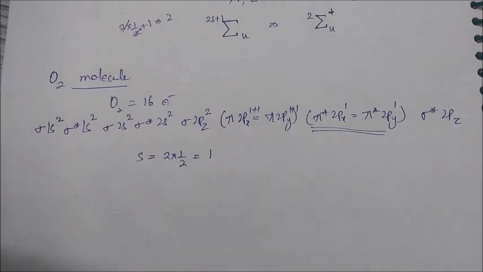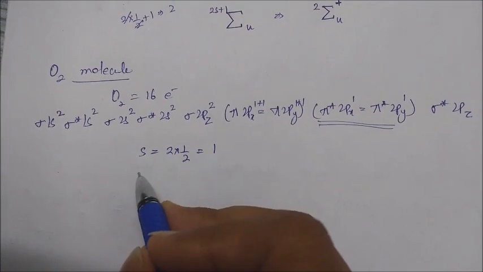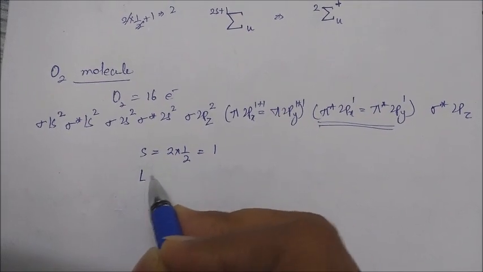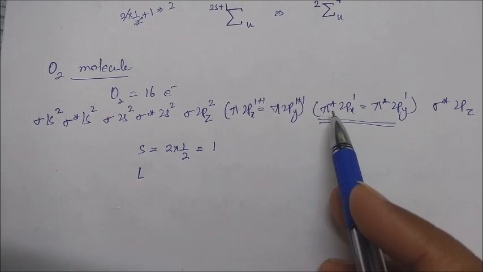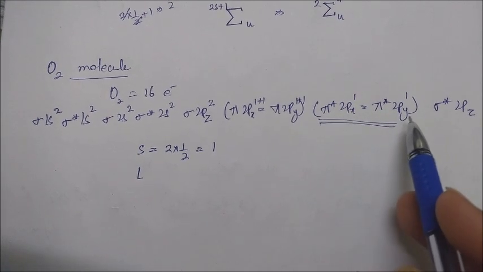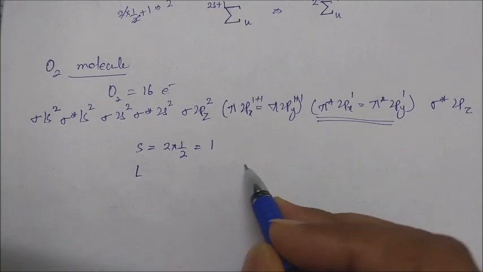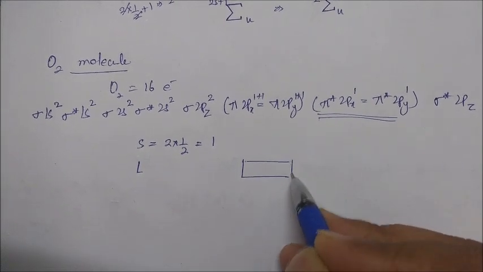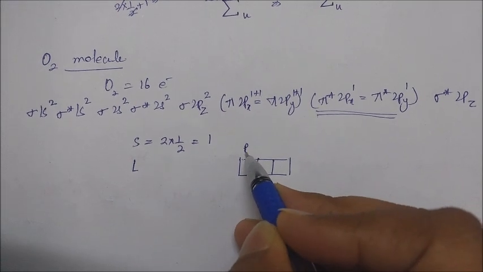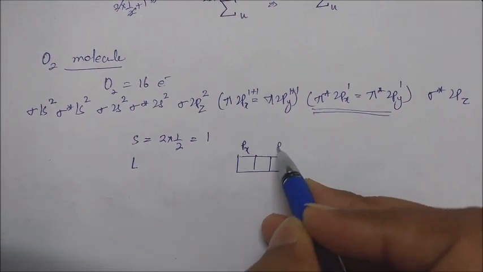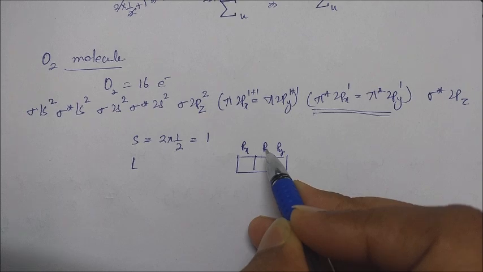Now we have the value of L. For calculating the value of L, when the electrons are in the px and py orbitals, you have to be very careful. For the p orbitals we have 3 orbitals. This is px, this is py, and pz is the middle one.